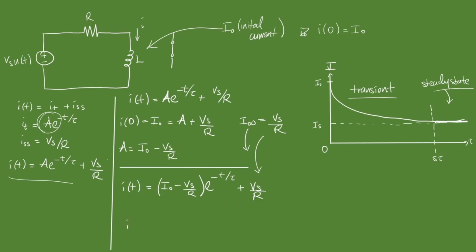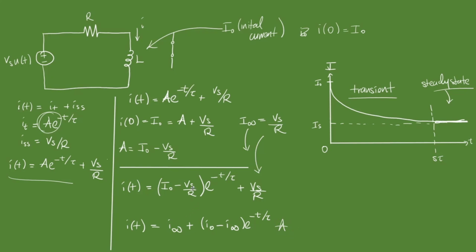Rearranging and bringing this forward is going to give us I infinity plus I naught minus I infinity, times e to the minus t over time constant, and this is all in amps.